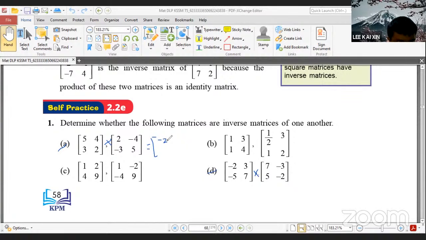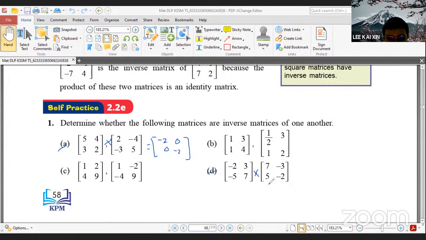Okay, so when I calculate, yeah, you get negative 2, 0, 0, and negative 2. It's not a 1, so they are not inverse matrices of one another.